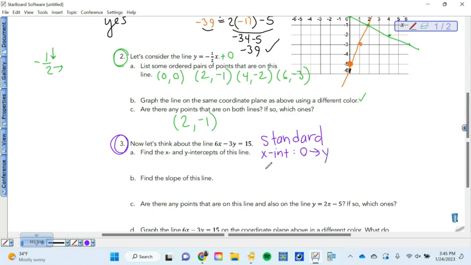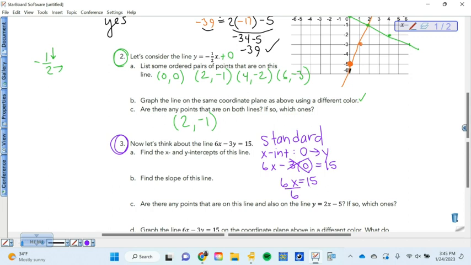So I take my equation 6x minus 3y equals 15. But instead of writing y, I'm going to write 0. So now I have 6x minus 3 times 0 equals 15. What's 3 times 0? 0. So that kind of just goes away. So now I have 6x equals 15. And how do I solve for x?